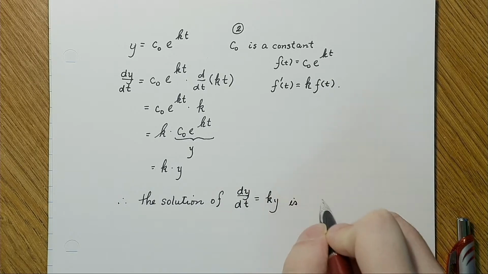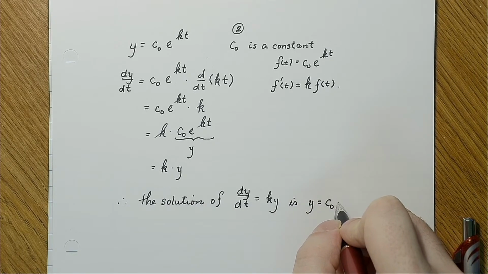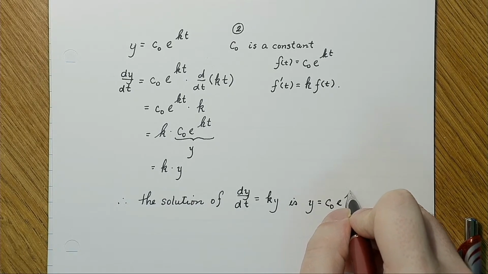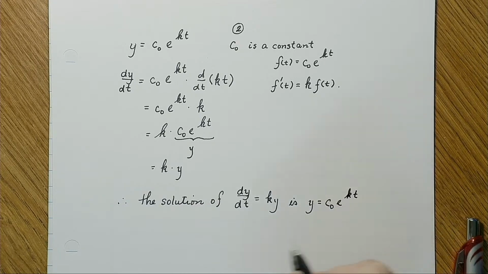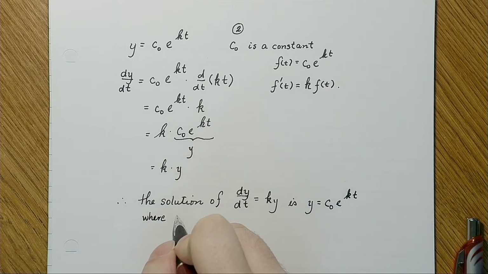is y equals c naught e to the kt, where c naught is the initial value.